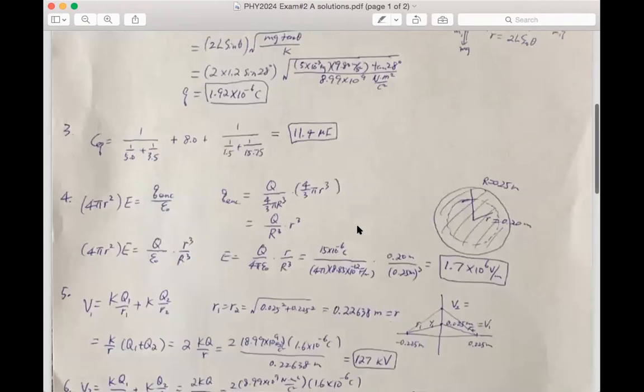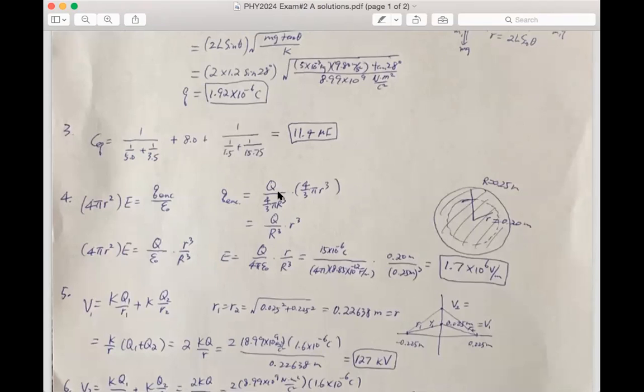The fourth one here, for version B you also got this problem. It's the same here, but I think it's a different problem number, like problem number 5 in version B. But a lot of you didn't get this one right.